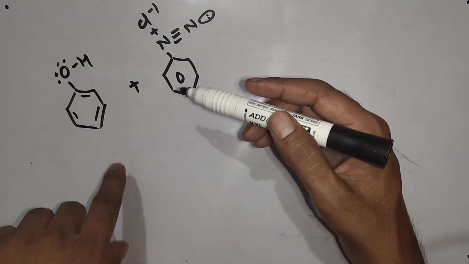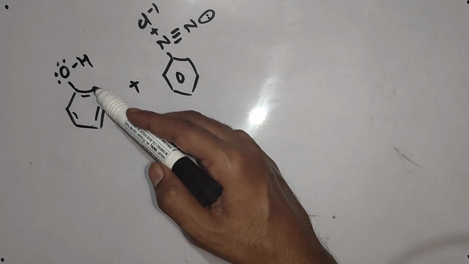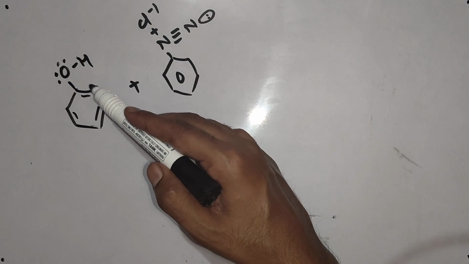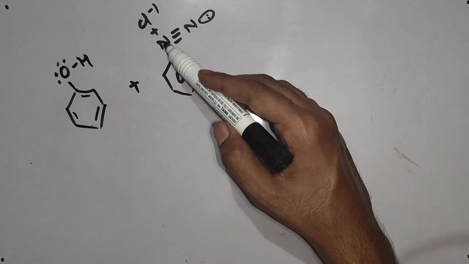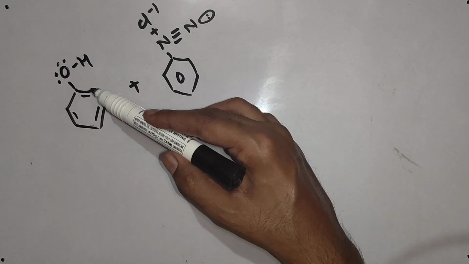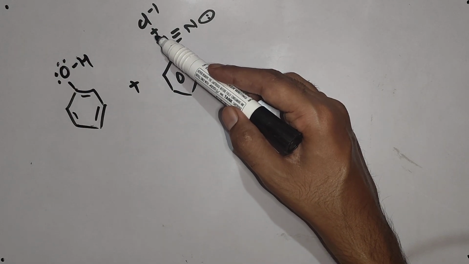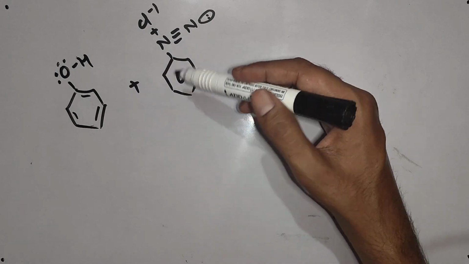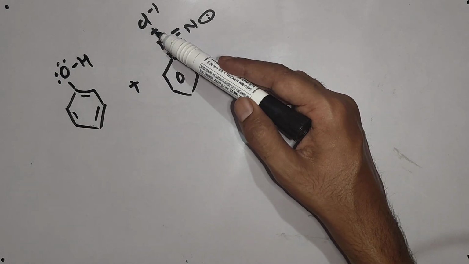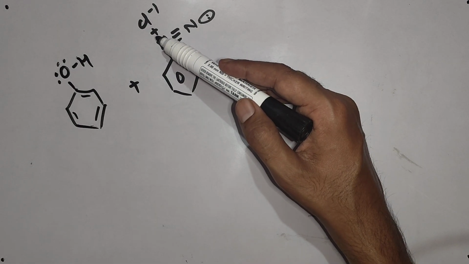So these ortho and para positions are high electron density positions, and here this nitrogen is carrying a positive charge, and here we have electrons. But wait, don't think this nitrogen will attack the electrons. This nitrogen has a positive charge, but it can't attack electrons because it can't make a bond with them. It does not have any vacant orbital on it.